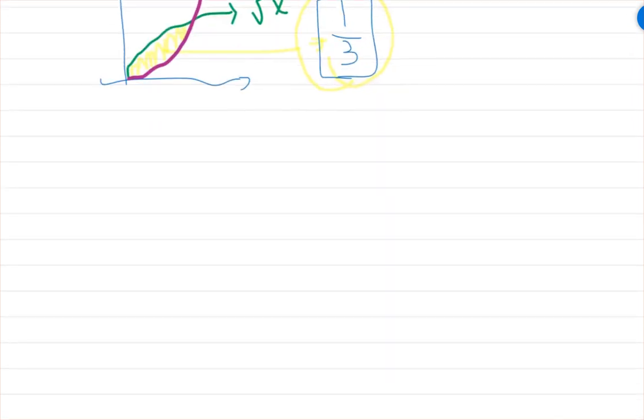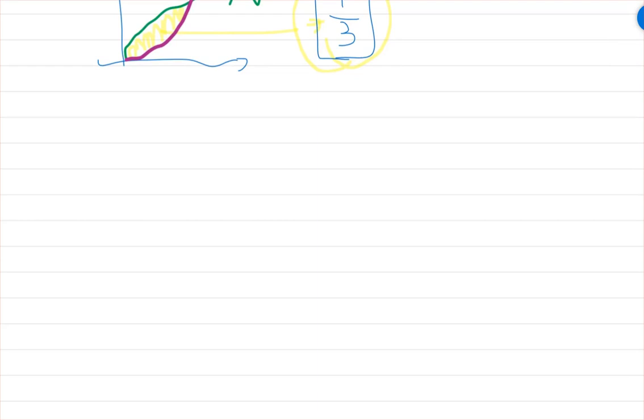And then one more, which is I want to find an average value of a function. Okay, let's find the average value of a function.